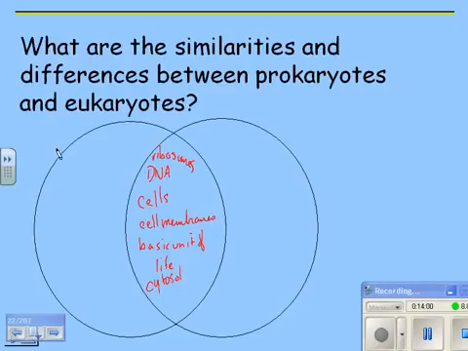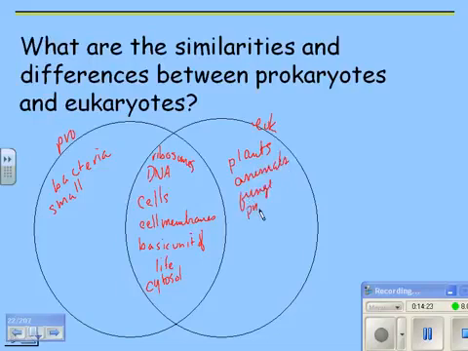So if you want to do prokaryotes over here and eukaryotes over here, prokaryotes are bacteria. They're small. Eukaryotes are plants, animals, fungi, or protists.